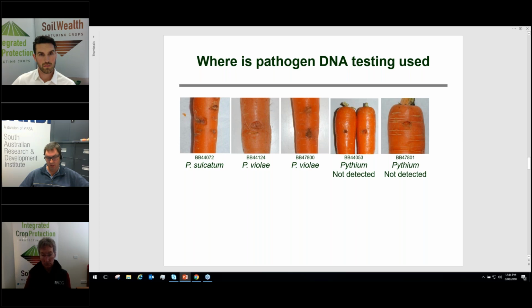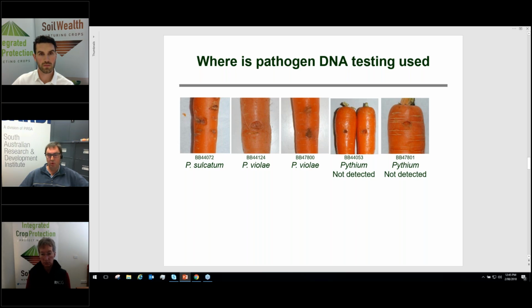It's most likely something else. And then the last one, also no Pythium detected in that. Now, some people will see that and probably think, yep, it's most likely pest damage earlier on in the crop, so it's just grown to that symptom.